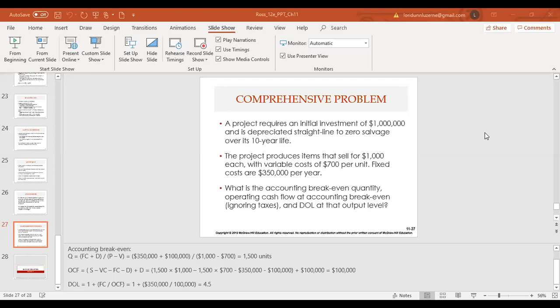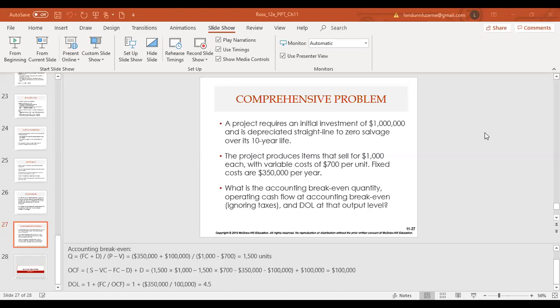Then subtract your fixed costs of 350,000 and then your depreciation, but then add back your depreciation because that's not subtracted for cash flow. So your operating cash flow at that level of output would be 100,000. So what would be your degree of operating leverage? 1 plus the fixed costs divided by your operating cash flow. So 350,000 divided by 100,000, or 4.5.